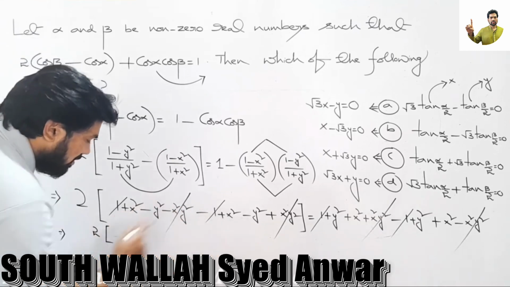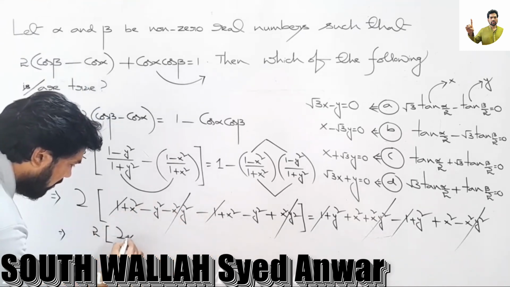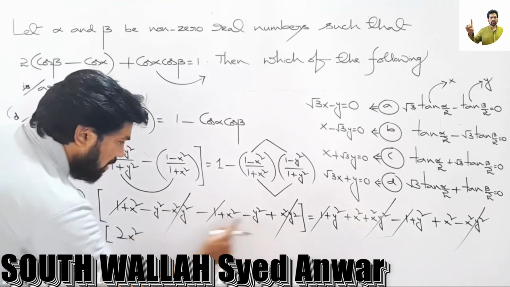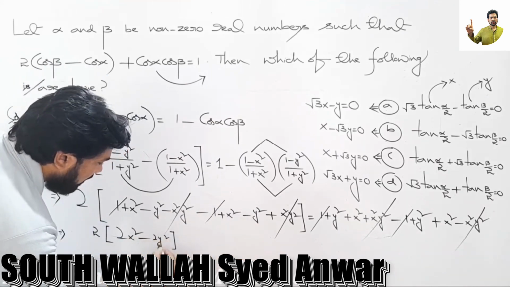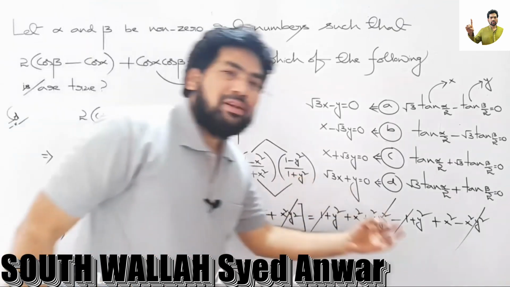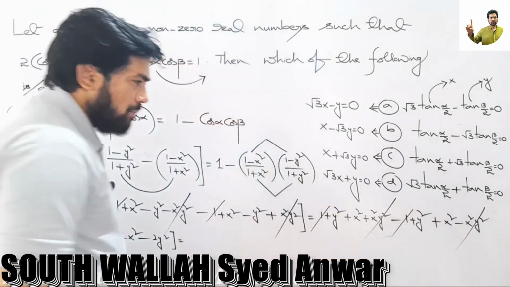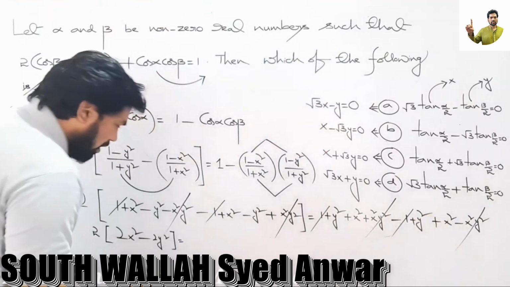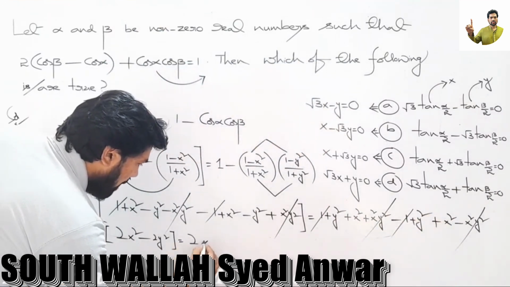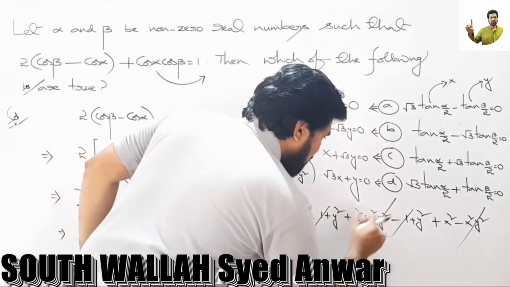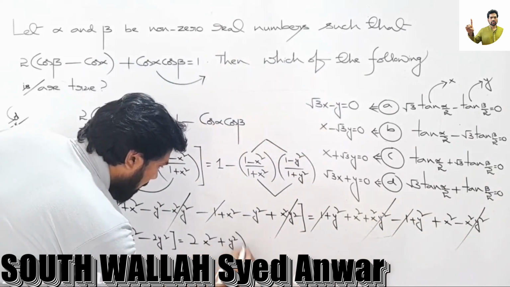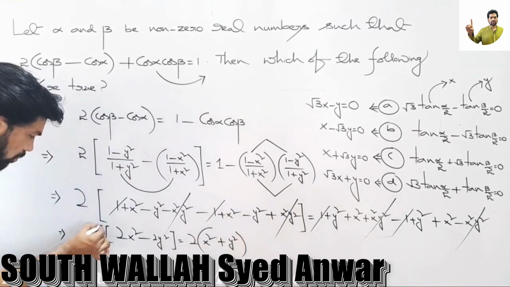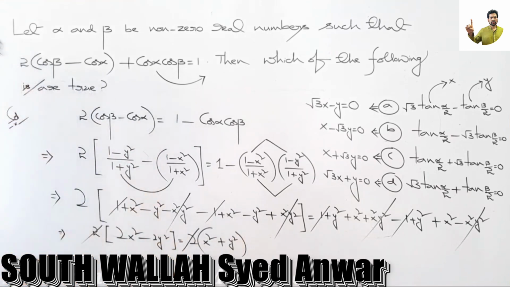Here x square plus x square, 2x square, minus y square minus 2y square. This is the left side part, that is equal to, we'll see what is left on the right side part. Here x square plus x square, 2x square. Next y square plus y square, 2y square. I'll take 2 common here. Now both the sides of 2 get cancelled here.